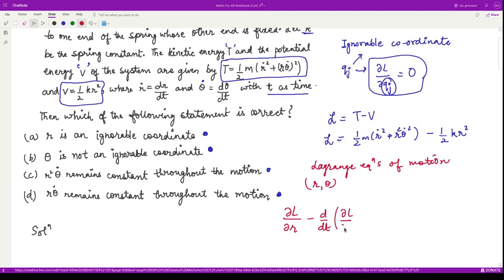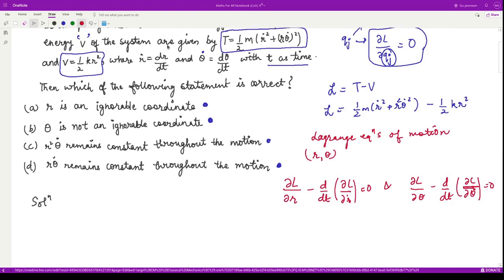Another equation is del L by del theta minus d by dt of del L by del theta dot, equal to 0. Here the dot is the time derivative. So let us solve these one by one.